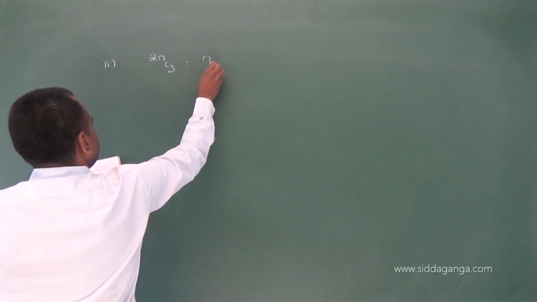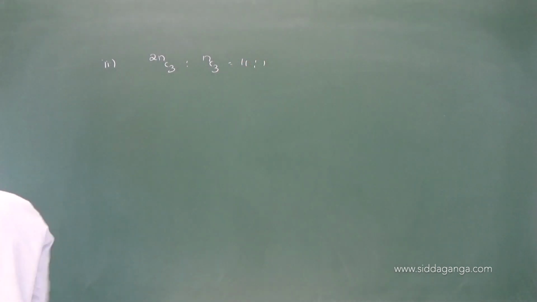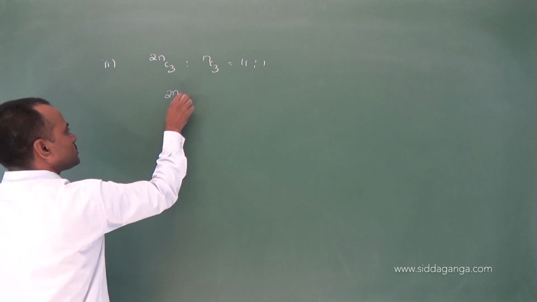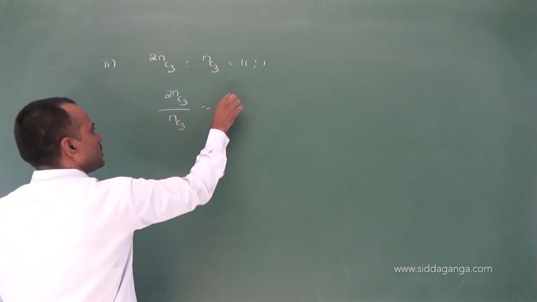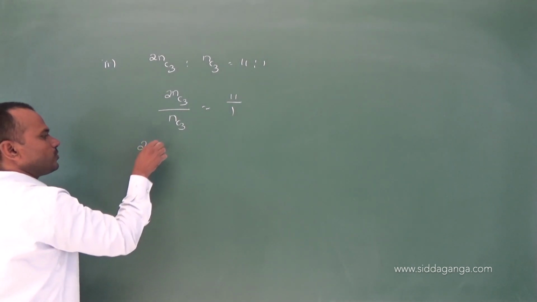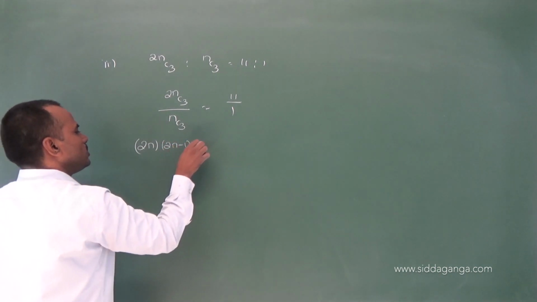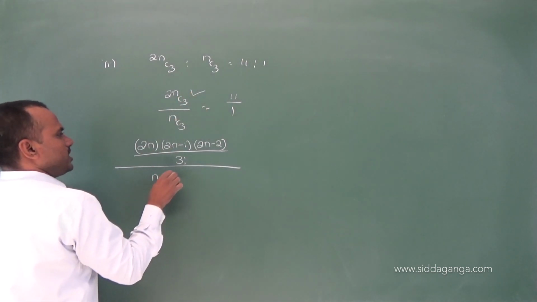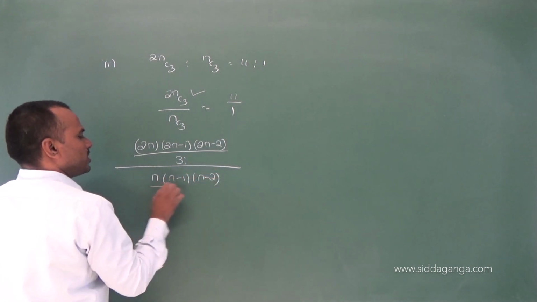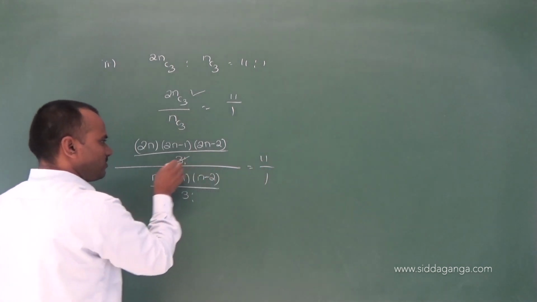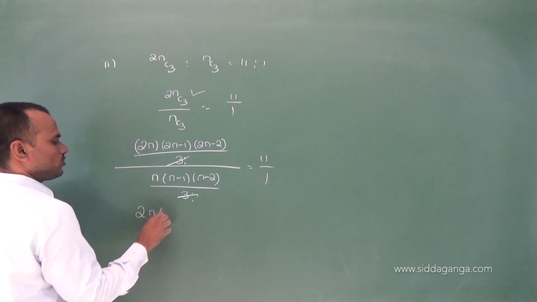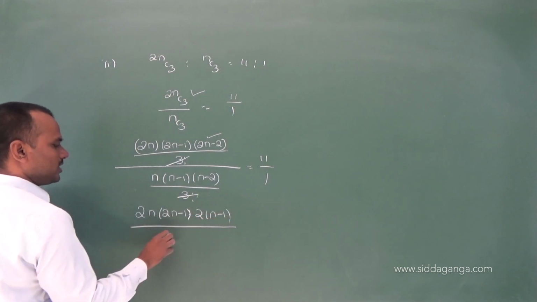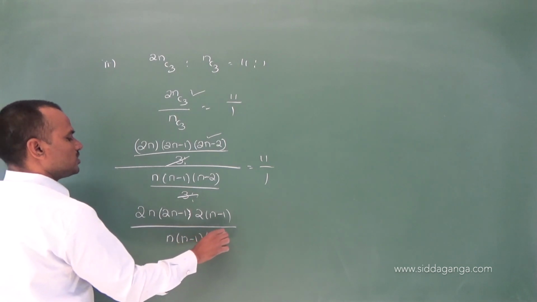2NC3 is to NC3 is equal to 11 is to 1. 2NC3 divided by NC3 equals 11 divided by 1. 2N into 2N minus 1 into 2N minus 2 divided by 3 factorial, whole divided by N into N minus 1 into N minus 2 divided by 3 factorial, equals 11 divided by 1. 3 factorial gets cancelled. 2N into 2N minus 1, in this term 2 take common, N minus 1, whole divided by N into N minus 1 into N minus 2.